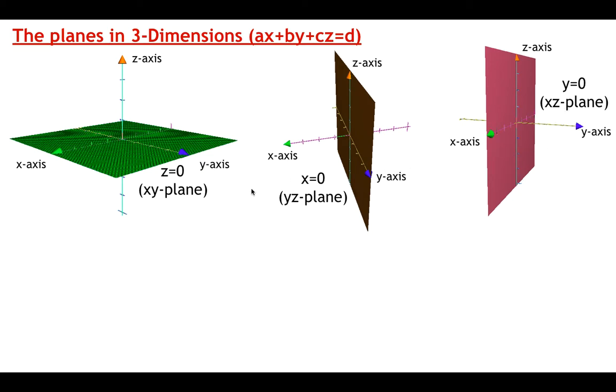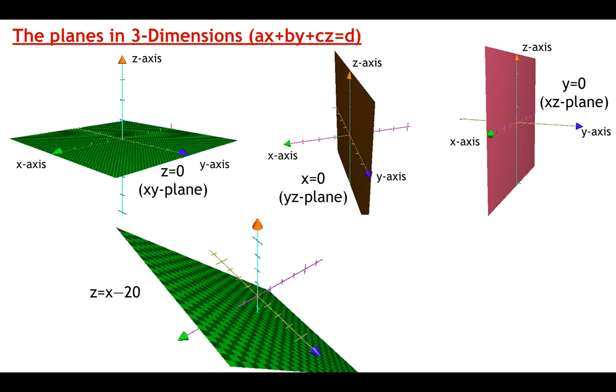Okay, also we can have planes which are not parallel or perpendicular to an axis but are at some angle. For example, this plane z equal to x minus 20. This is a plane which is not parallel to any axis, but because y is not there, for every point x the z value will be the same in the y direction.